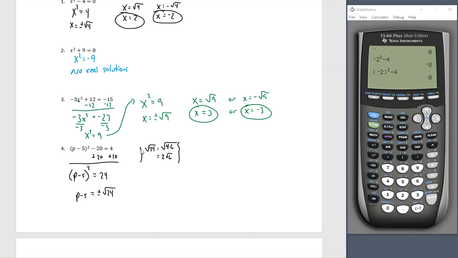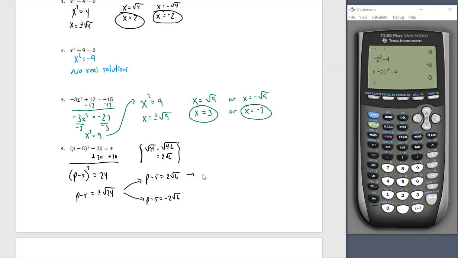So I'm going to simplify my radical first, and now I'm going to lead into my two equations. I'll have p minus 5 equals 2 square root of 6, and p minus 5 equals negative 2 square root of 6.